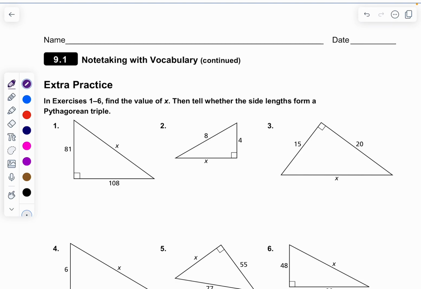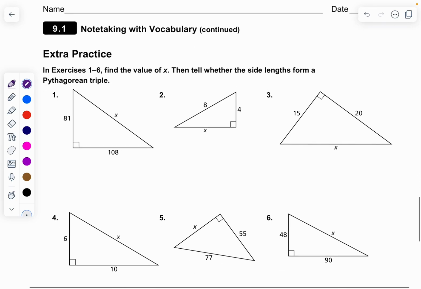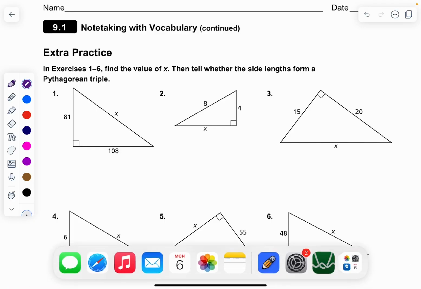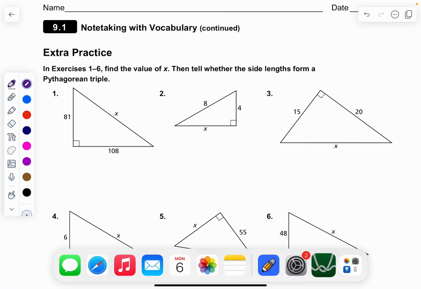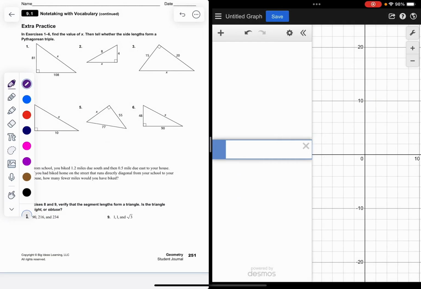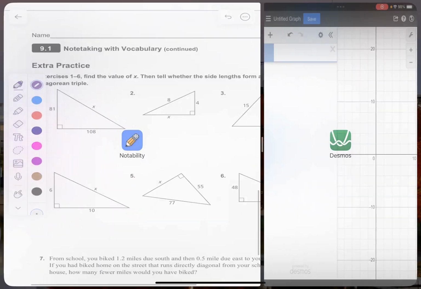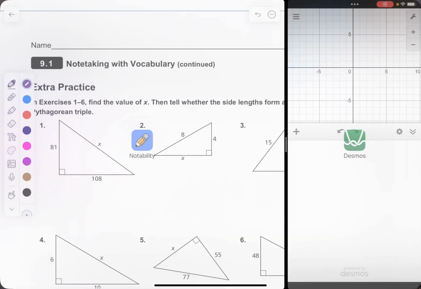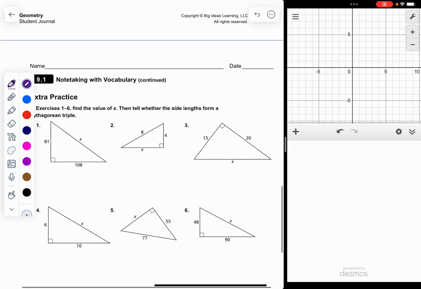We're going to find the value of x in each one of these problems, 1 through 6. And I'm going to break out the calculator because we are going to need the calculator to do some of these. What we're going to do is whenever we get an answer, we're going to round our answers to the nearest tenth.